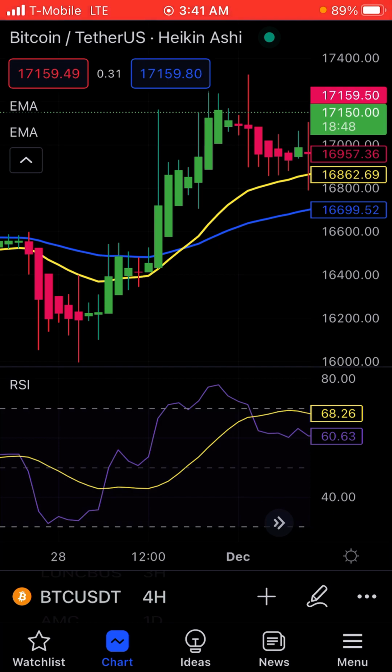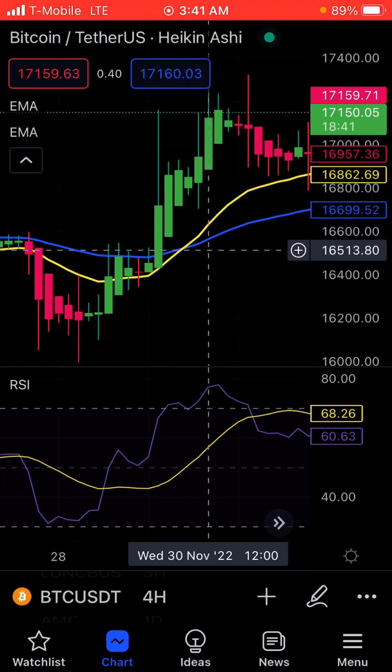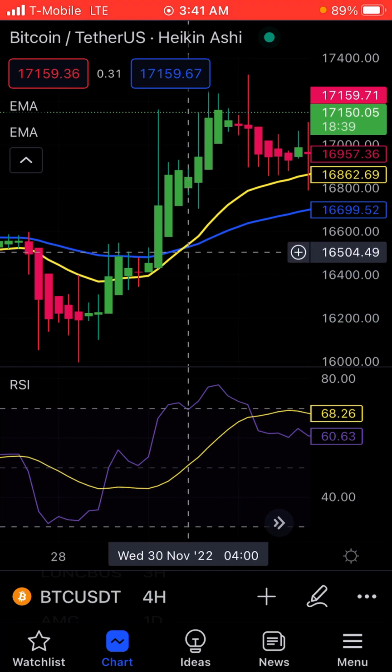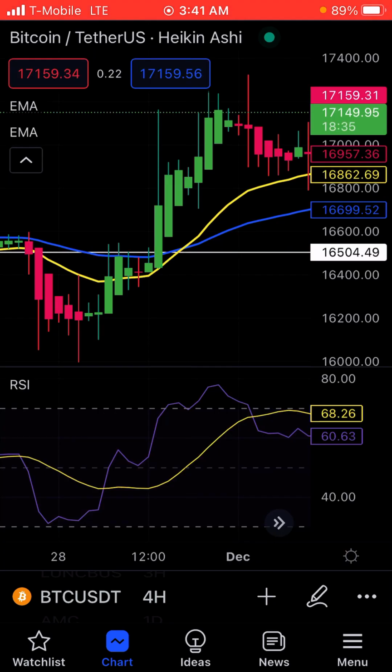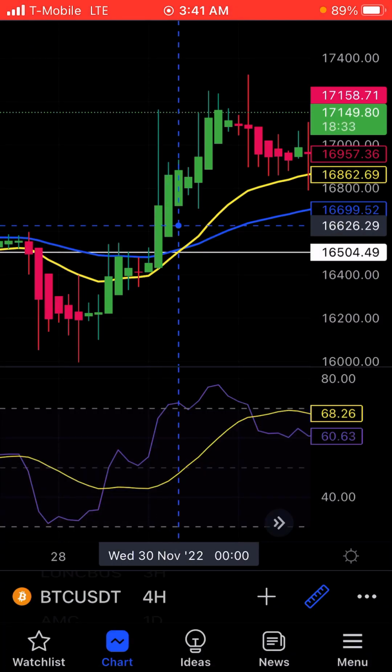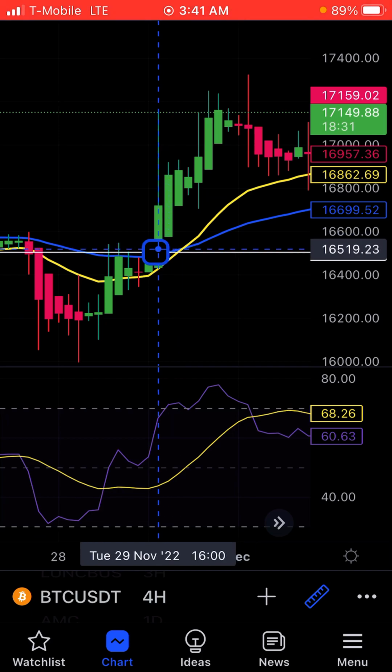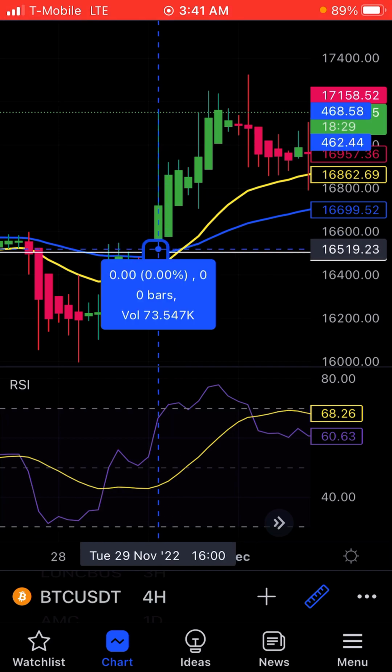Same thing. You focus on when the 20 and the 55 are going up. If it helps, draw a horizontal line right here. And then basically you would just enter your trade right around here. The good thing about this is you can wait out for longer periods of time.